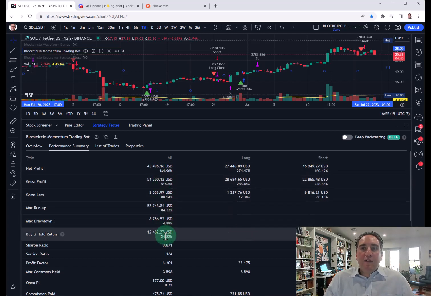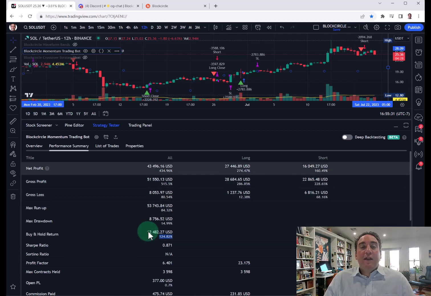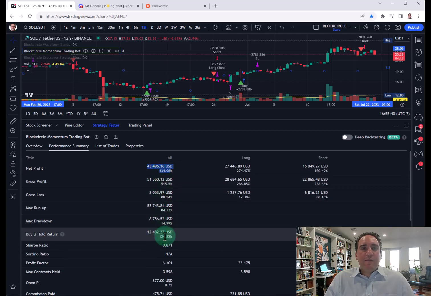Had you done that, you would have still made 124%, which is excellent. Starting with a balance of 10,000, you would have done really well, right? But what we've been able to actually generate is 3 times higher than a simple buy and hold.